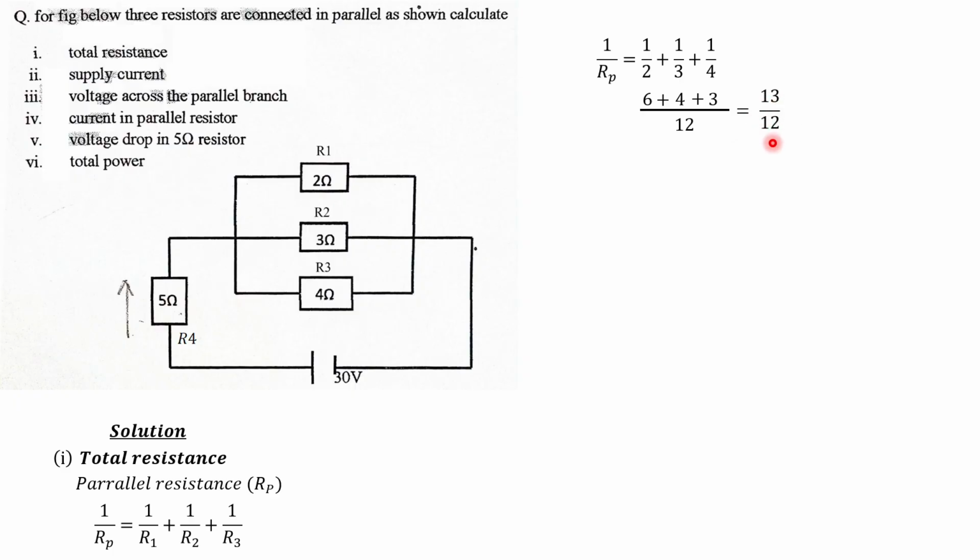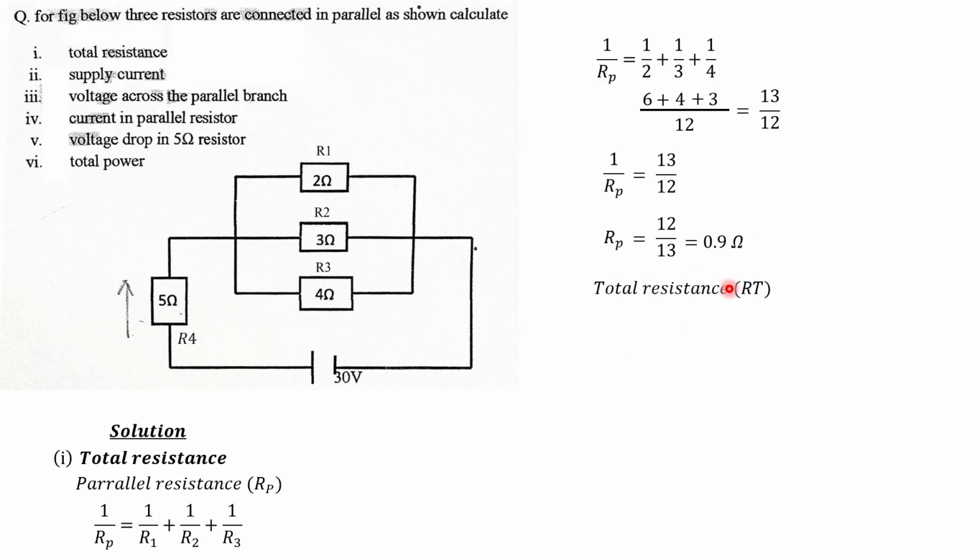So this is equal to 13 over 12. So 1 over Rp is equal to 13 over 12. So we do cross multiplication, right? So Rp is equal to 12 over 13, 12 divided by 13, and this is equal to 0.9 ohms. So the parallel network, that is Rp, is equal to 0.9 ohms.